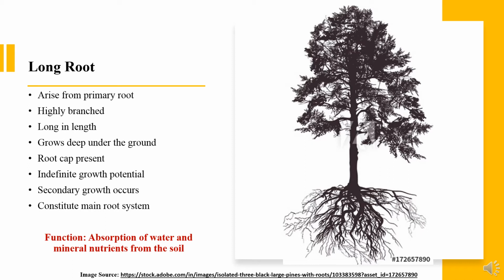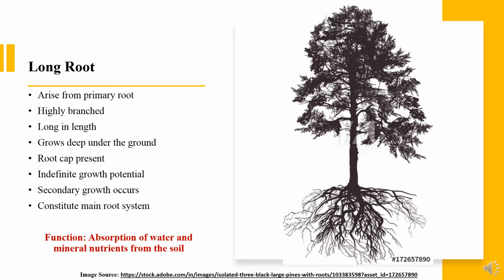They are highly branched, giving out more secondary, tertiary root branches. Their tips are protected by root cap, hence able to penetrate deeply into the soil. Also, they have meristematic tissue which helps in their indefinite growth.